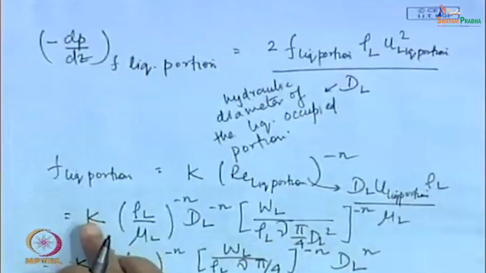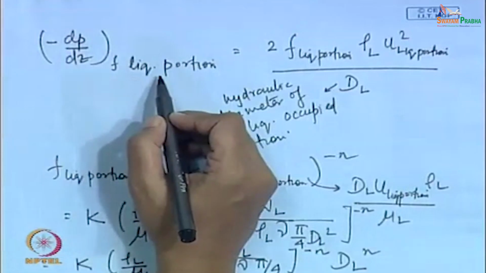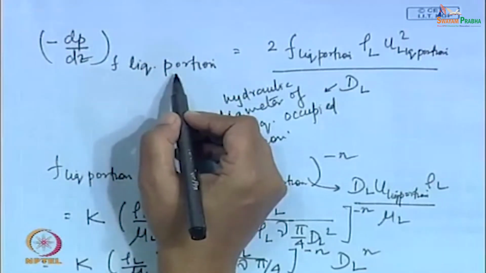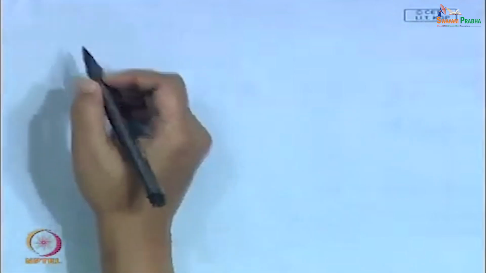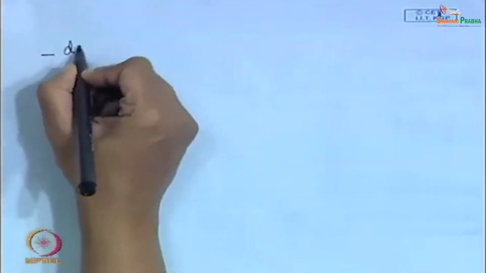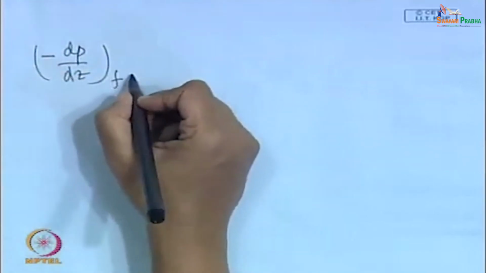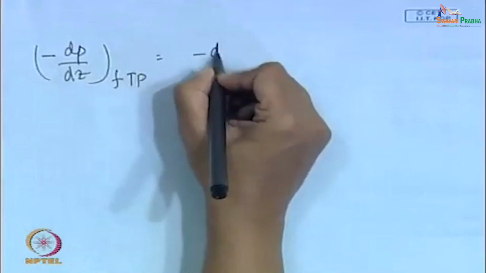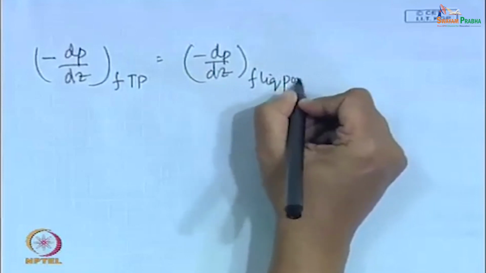So, if we substitute f here, we get the minus dP dz frictional for the liquid portion. Just do it and see what you are going to get. In the same way, we can write down minus dp dz frictional for the gas portion also. That we will do later. So, minus dp dz frictional two phase equals minus dp dz frictional liquid portion.